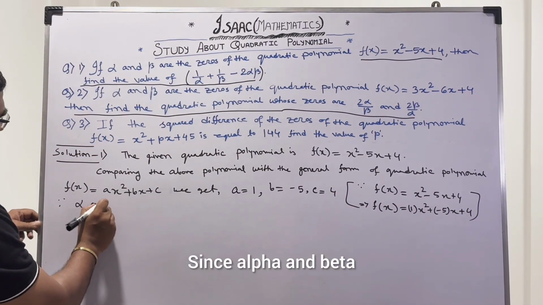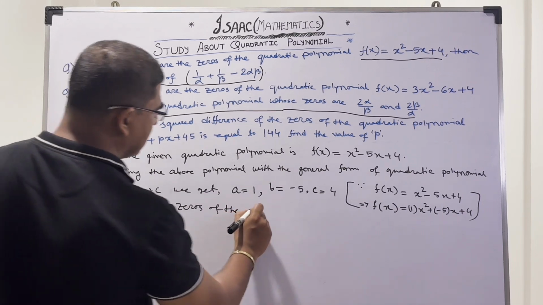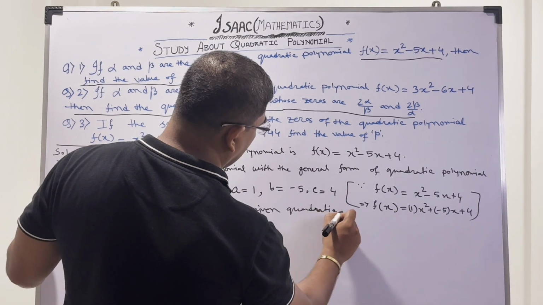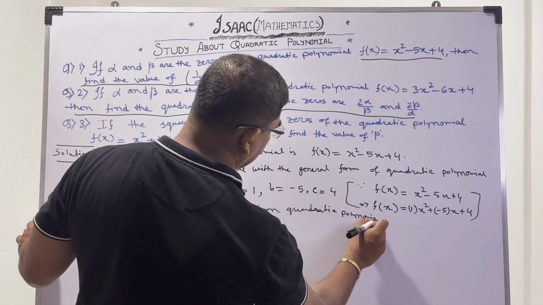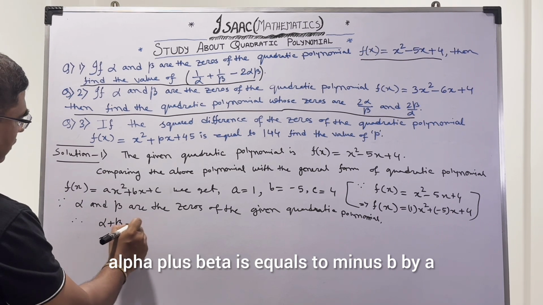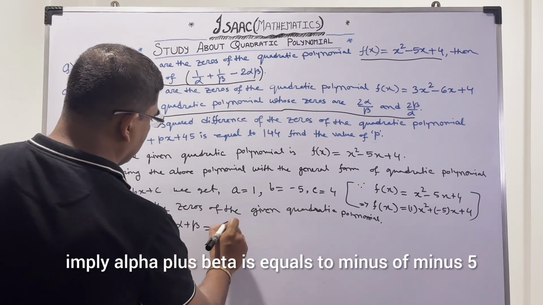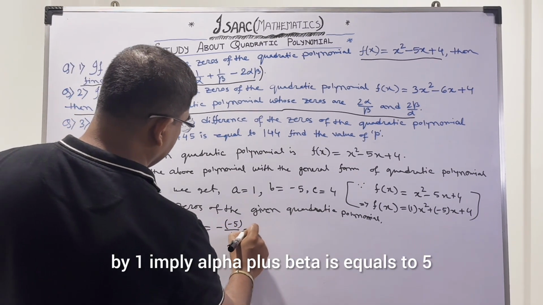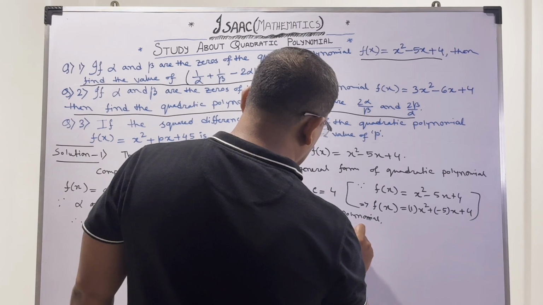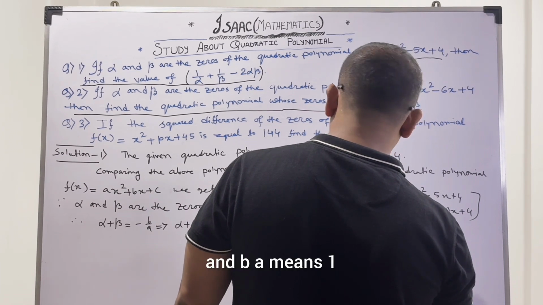Since alpha and beta are the zeros of the given quadratic polynomial, therefore alpha plus beta equals minus b by a, implies alpha plus beta equals minus of minus 5 by 1, implies alpha plus beta equals 5, and alpha into beta equals c by a, implies alpha into beta equals c means 4 and a means 1.